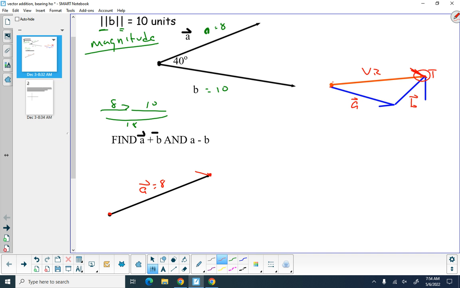When I stop at the terminal point of A, I'm going to start B. There we go. So I have B, which is a total of 10 units. And what we want to calculate is the result of A plus B, so I'm going to draw in my resultant vector.